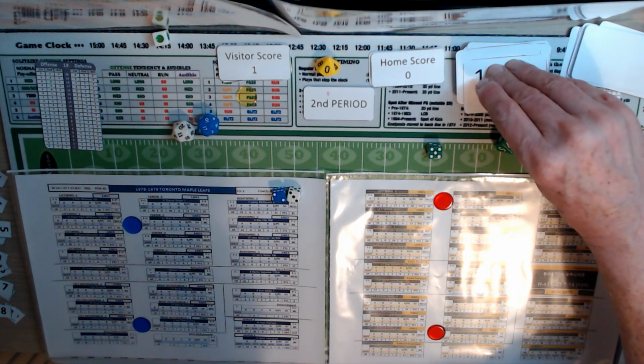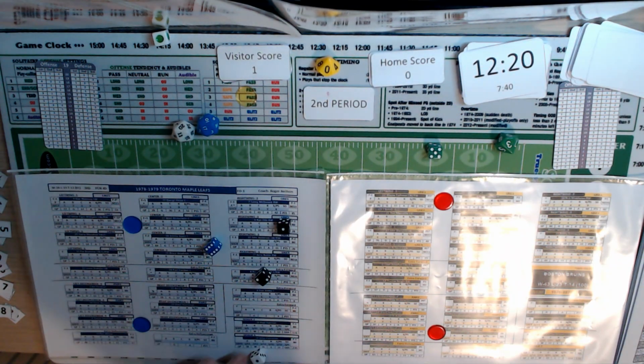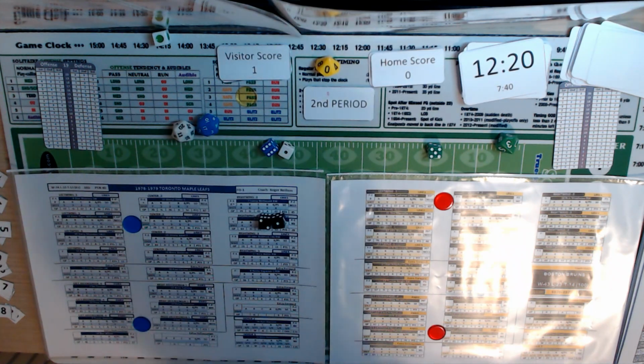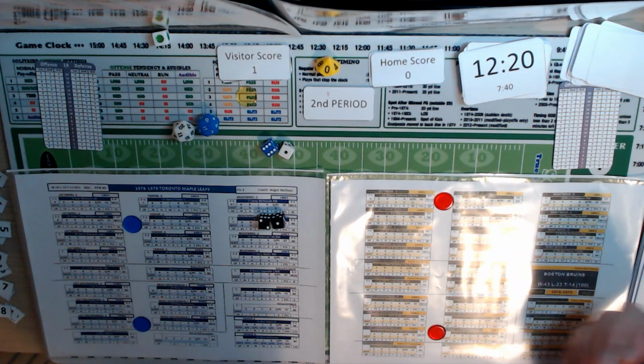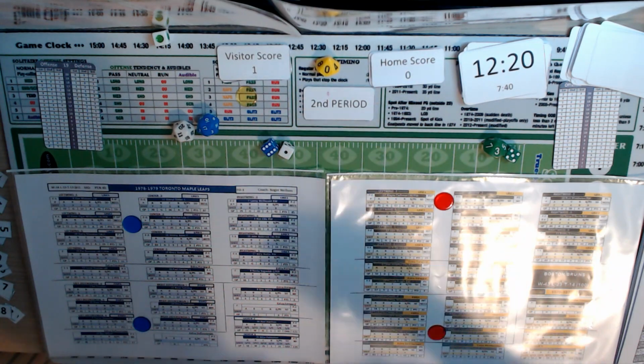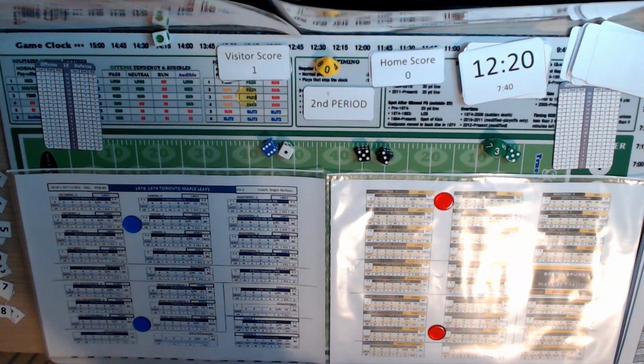No action. Five to Toronto 3 is a breakaway. Breakaway is to the right wing Ellis. 6.